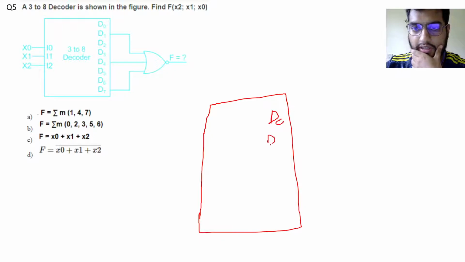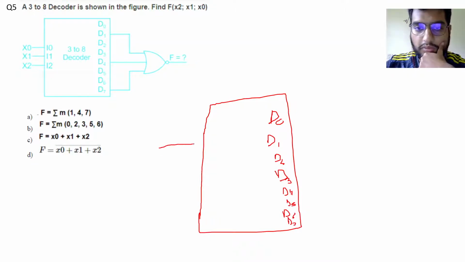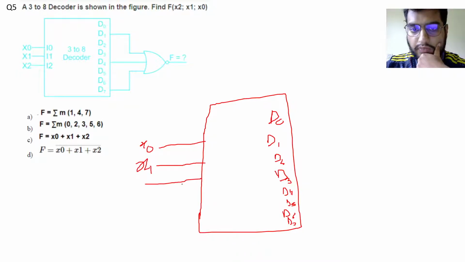D0, D1, D2, and D3, D4, D5, D6, and D7. And our inputs are x0, x1, and x2.